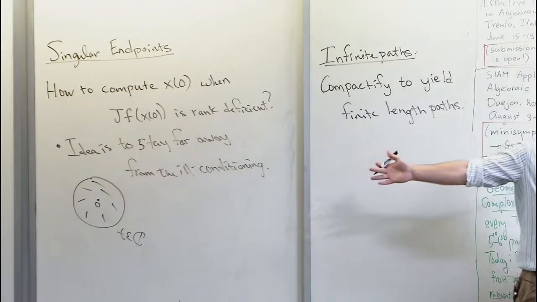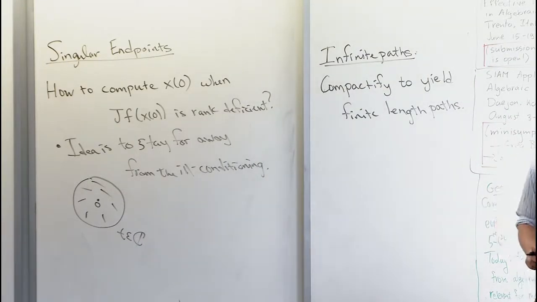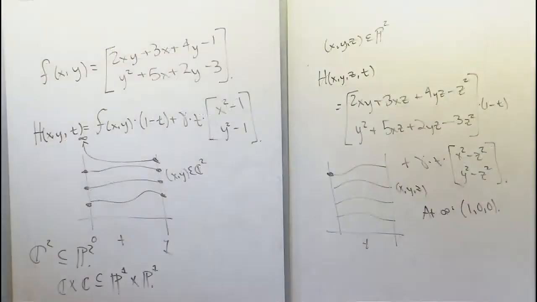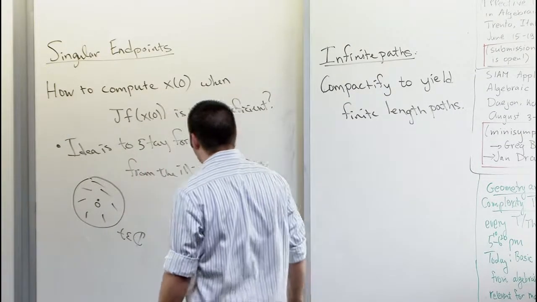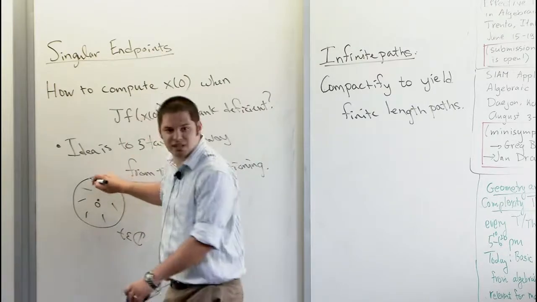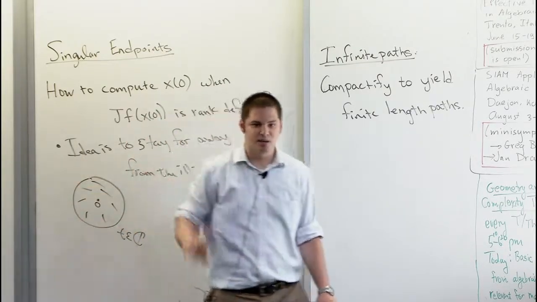Has anyone seen things like this before? Couldn't you just project in the space orthogonal to the where the eigen? Yeah, so one way you can do is you can just track your path close and then sort of project in some direction.